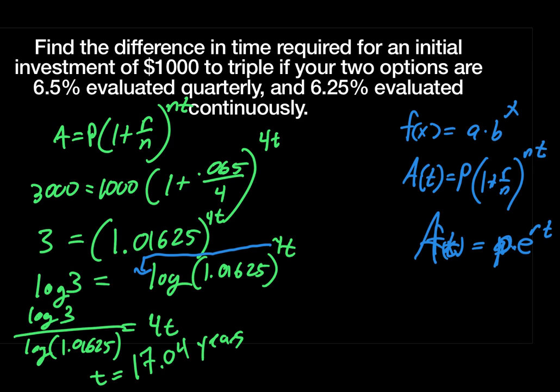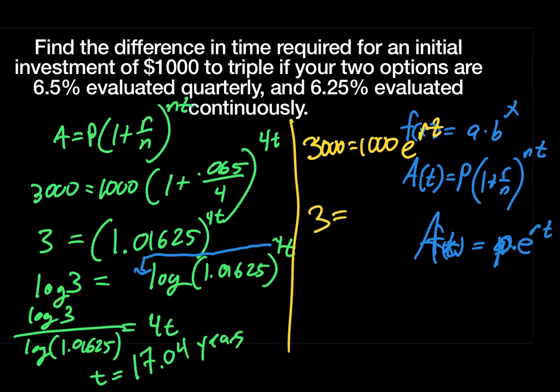Procedure similar, but now for continuously. 3,000 equals 1,000 e to the rt. So 3 equals e to the 0.0625t, because different rate.